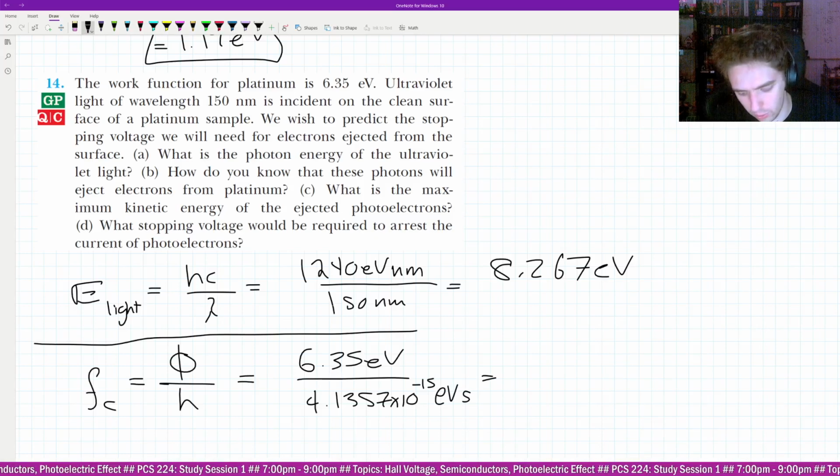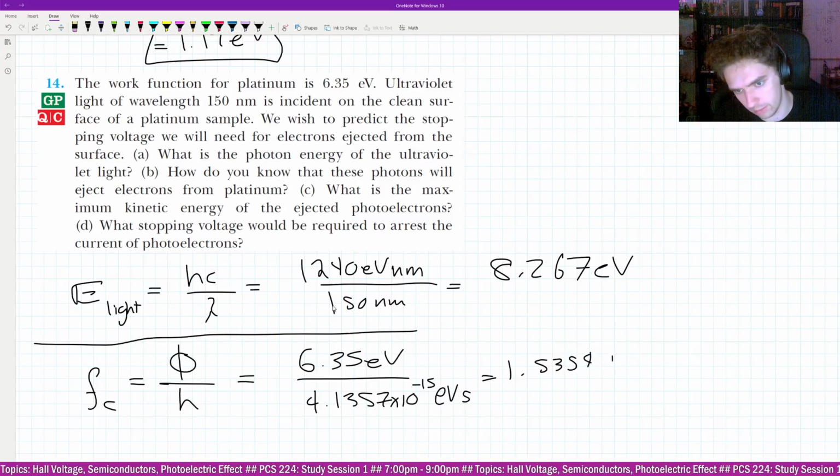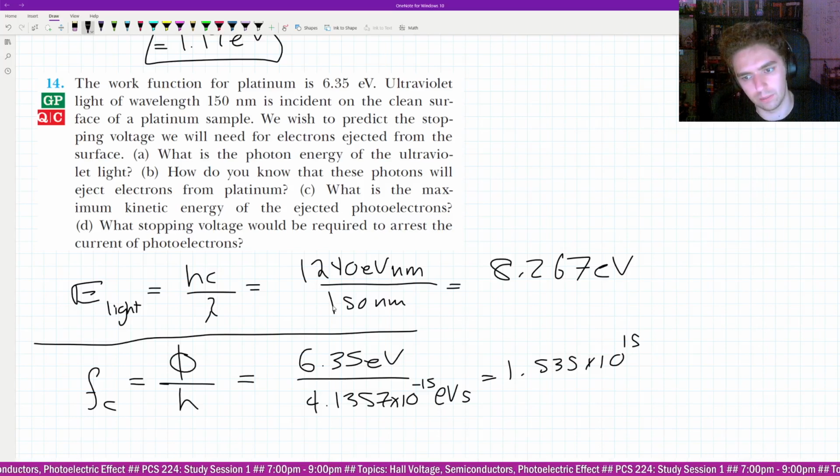So we get our cutoff frequency is 1.354 times 10 to the 15 hertz.